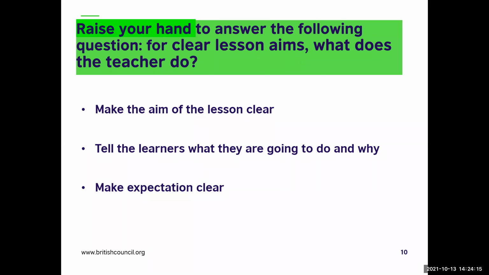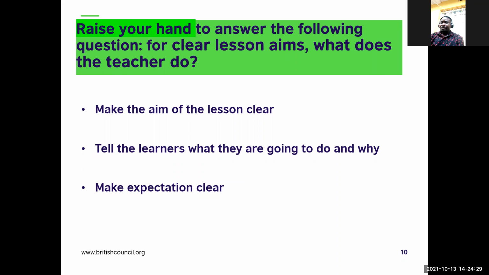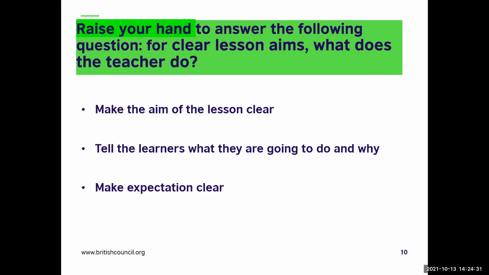Because the objective and the aim when you're discussing with the learner has to do with the general objective of that lesson at a particular time. But we also have to take into consideration the individual specific objective of each learner, which comes as a result of differentiating. Because for a particular class where there is a specific objective, there is going to be a particular objective for a particular learner in that class.